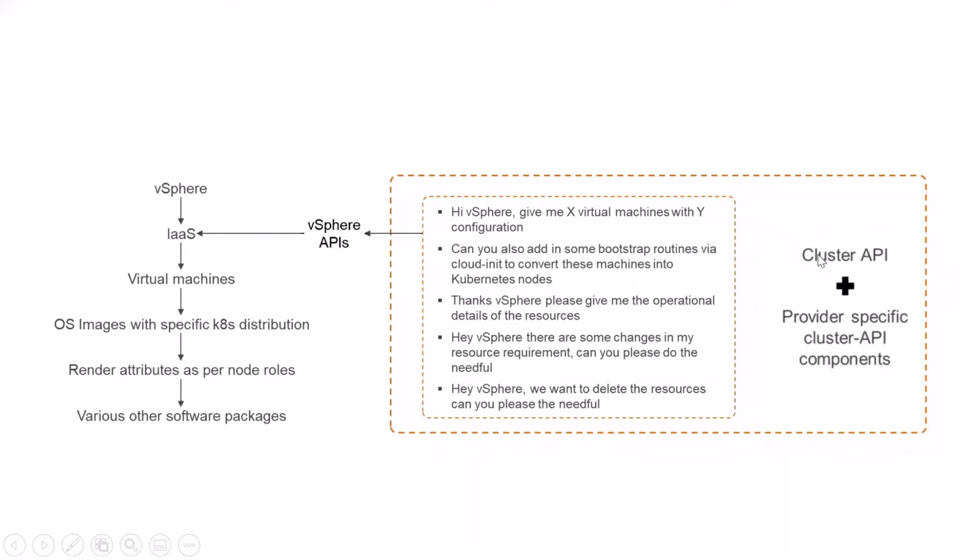So you have the core Cluster API and you have CAPV. In this case, all these execution routines will be directed to vSphere APIs via the vSphere specific Cluster API components. I hope you're getting a sense of what we're trying to get to.